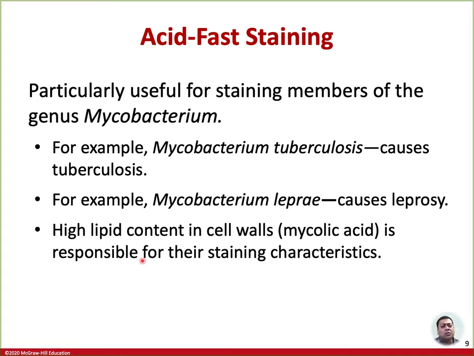There are also some older procedures where you can heat the cells in the presence of the carbol fuchsin, and that will make the cell wall a little bit pliable, allowing the dye to penetrate. So that was a heating method, but we usually do not use it anymore.